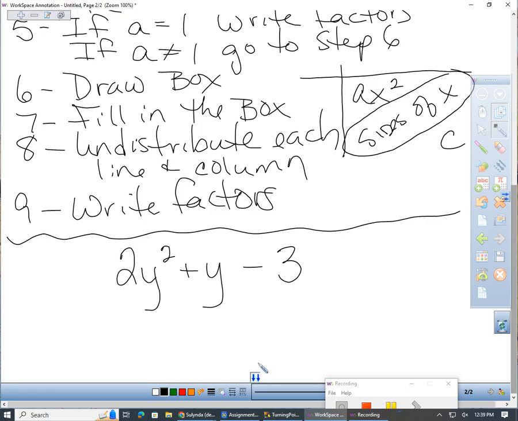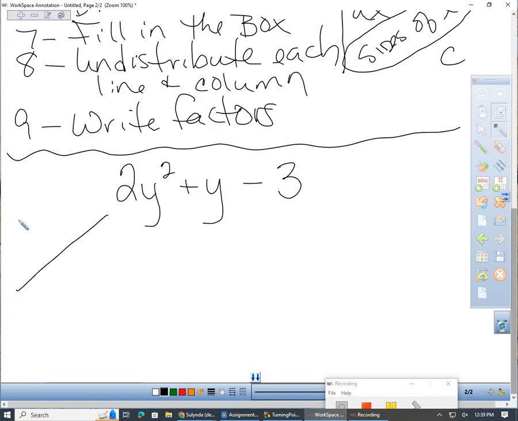We've already taken out the greatest common factor, that was 7. So now we're going to draw our x. Last number times the first, or 2 times negative 3 is negative 6, that goes on top. Middle number is a 1, that goes on the bottom. We fill in the sides of our x with 3 and negative 2, right? It multiplies to negative 6 and adds to 1.